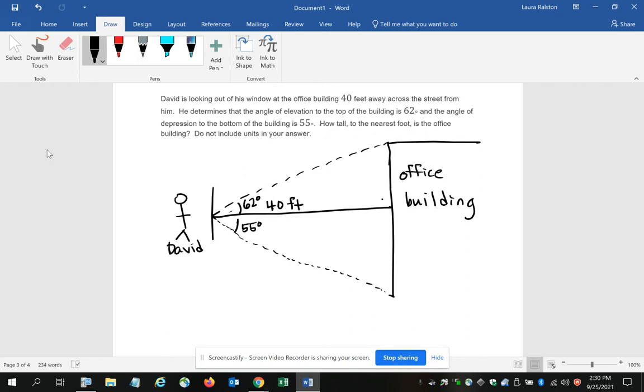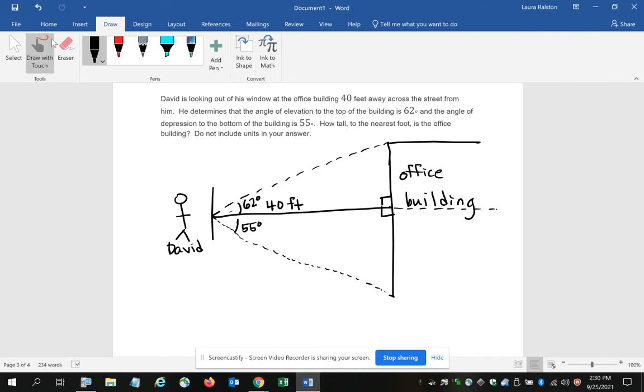So you almost have two pieces in one here, because it says David is looking out his window and it's across the street from him. So we can assume that he's looking straight, because it says across the street. So his line of sight initially would be straight ahead. So that's your 90-degree angle. So we know that it's 40 feet across.